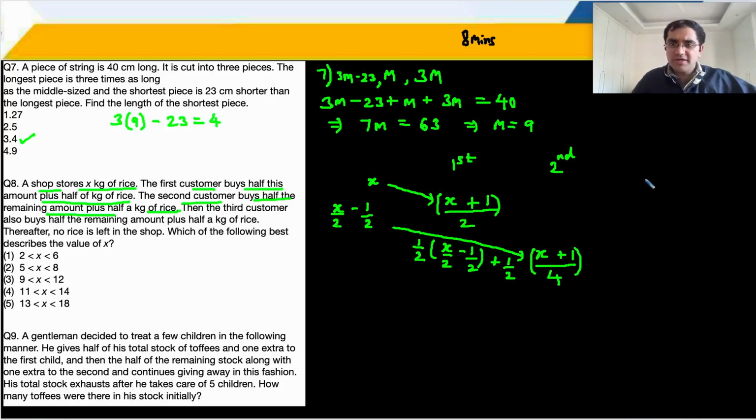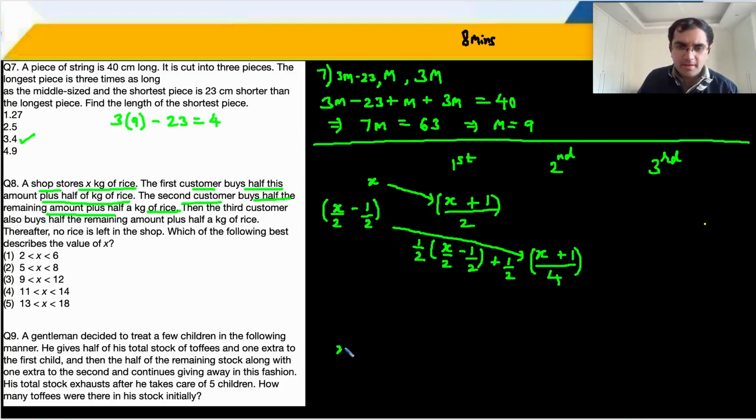Leftover amount, let me calculate it for you over here. So leftover amount will be X by 2 minus 1 by 2 is what he had, minus X by 4 plus 1 by 4 is what he gave to the second customer, right?